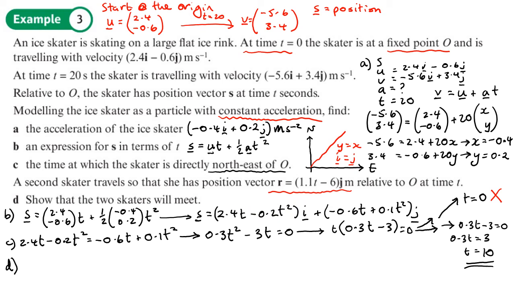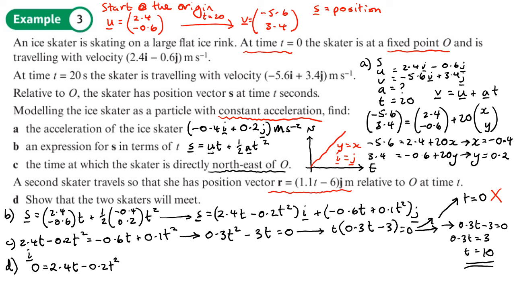So let's look at the i part. The i part of the second skater's position is always 0. And the i part of the other skater's position is 2.4t minus 0.2t squared. So let's see if we can solve that.